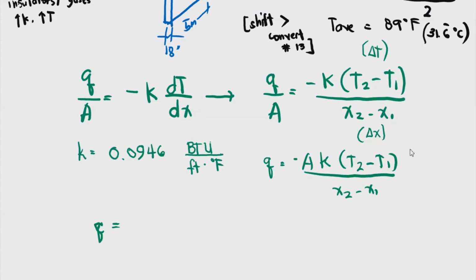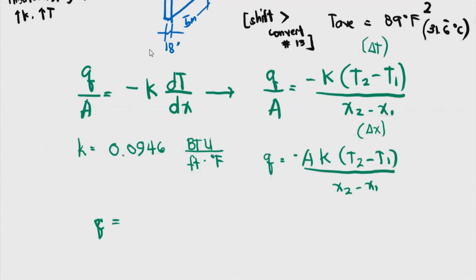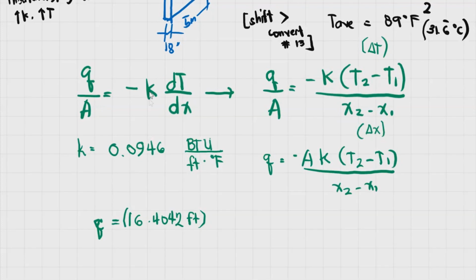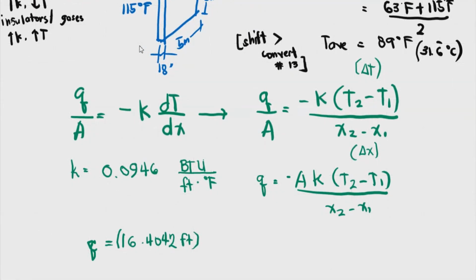So therefore, our area is, remember, the answer is 16.4042 feet times 9.8425 feet.